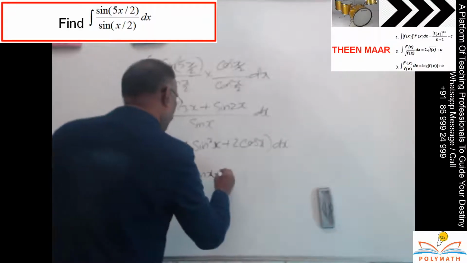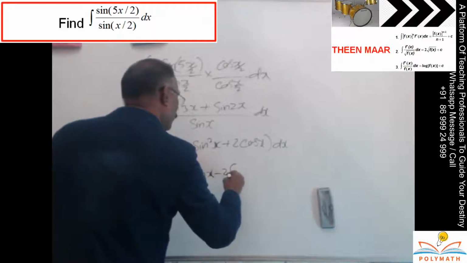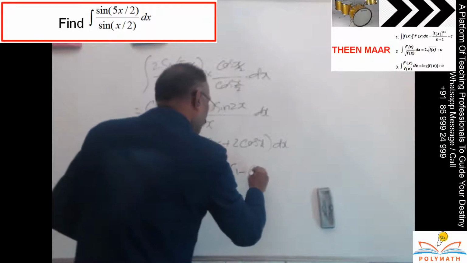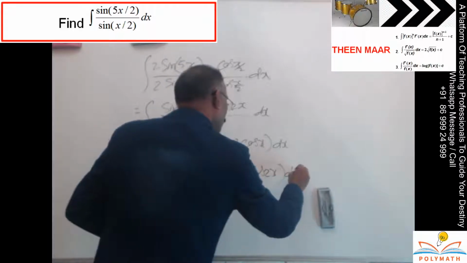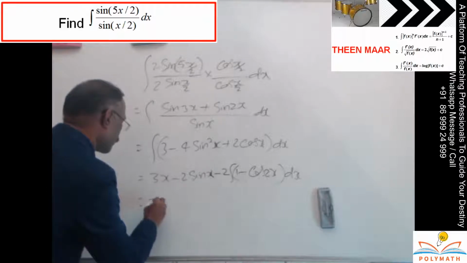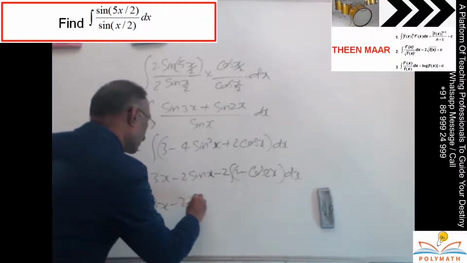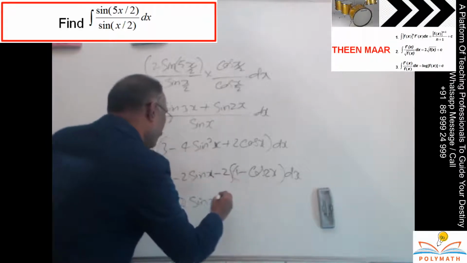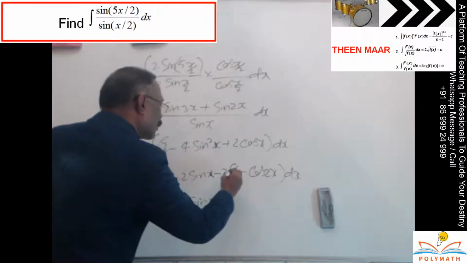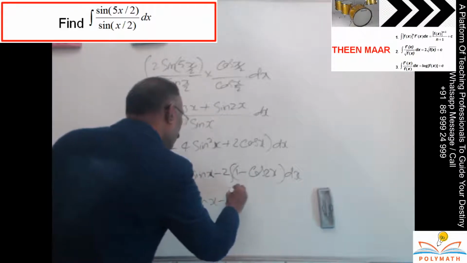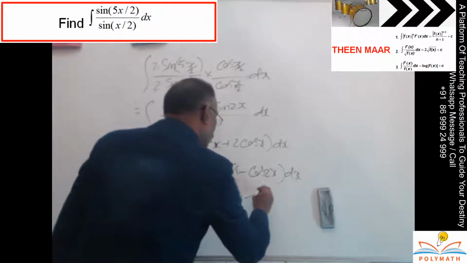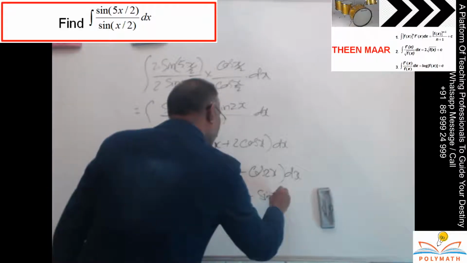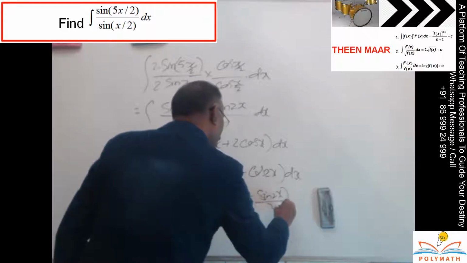That is the reason why you have to write it like this: minus twice the integral of 1 minus cos 2x dx. Just see that. This is 3x plus 2 sin x minus 2 times the integral of 1 minus cos 2x, which is x minus sin 2x by 2, plus c.